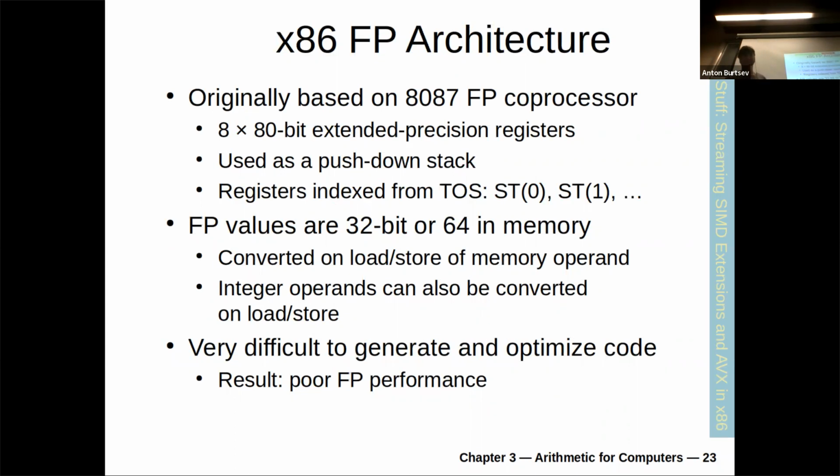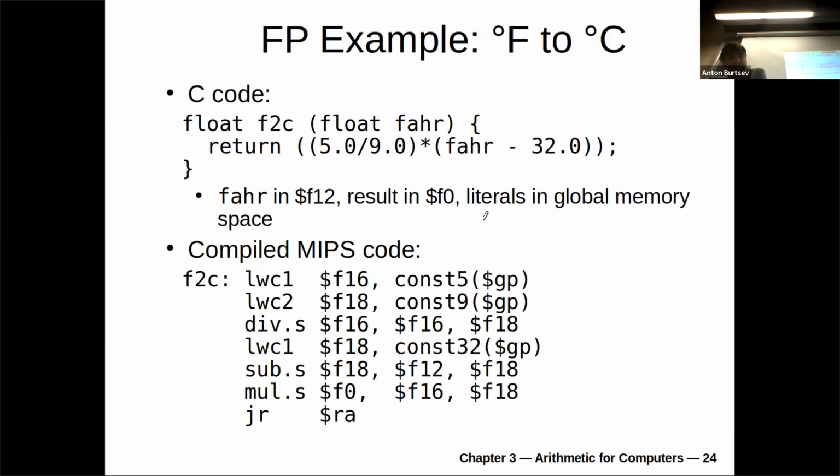This is an example from x86. This unit was called 8087, the floating point coprocessor. That's not important, but what I wanted to show here is a simple piece of code which converts from Fahrenheit to Celsius.